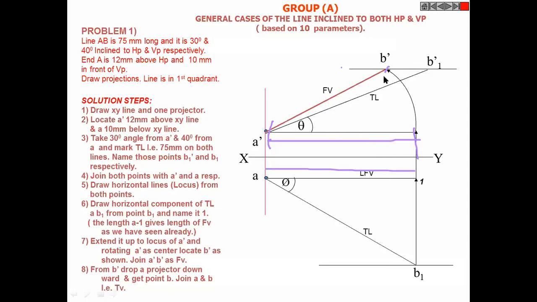Got it? So the same procedure we will do for this top view also. We will require top view, na? So we will project this downward, B dash. Okay, because already we are having this.